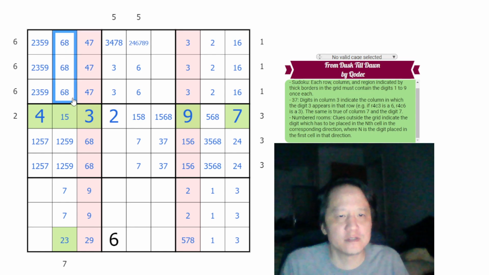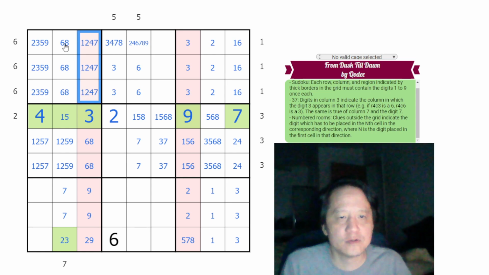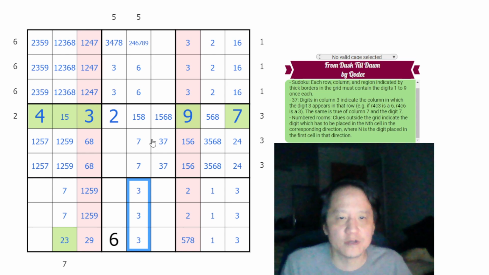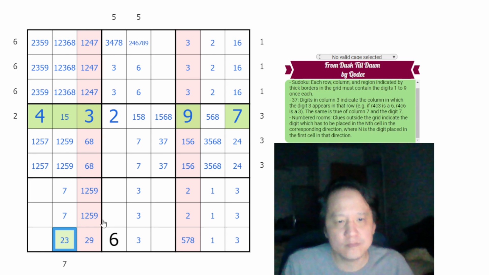So this is 6. This is 1 or 2. And this could be 1, 2, or 3. And this is 1 or 2 with 5. So we know the 3's here. The 3's here. So this has to be 4 and 7.